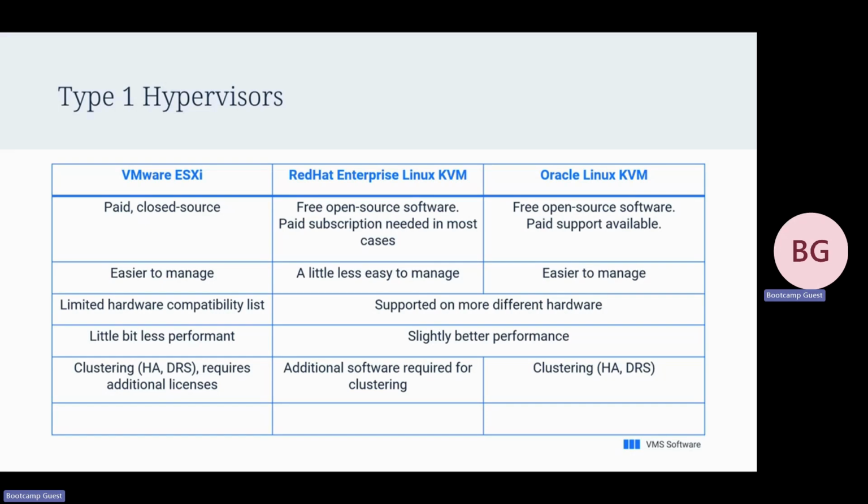You either run the Oracle Enterprise kernel, which has a more limited hardware compatibility list, or you run the original Red Hat kernel in Oracle Linux, in which case the hardware compatibility list is the same as that for Red Hat KVM. So if you have an older system lying around, modern versions of ESXi most likely will not run on that, or at least not be supported, whereas the KVMs will most likely be supported on that system.